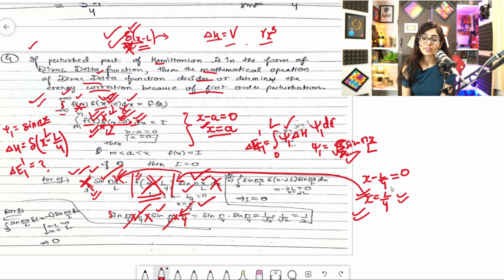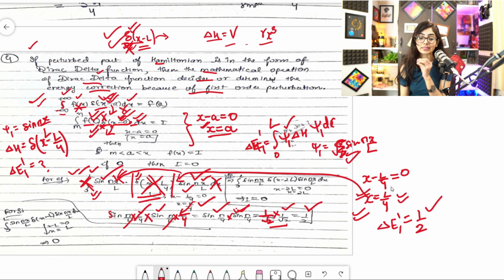So the remaining values are sine pi by 4 and sine pi by 4. When you put the value of sine pi by 4, it would be 1 by root 2, and again sine pi by 4 is 1 by root 2, and when you multiply it, you will get the value 1 by 2. This is the energy correction in the ground state, the first order energy correction, that is 1 by 2. Fine, and this is the answer.